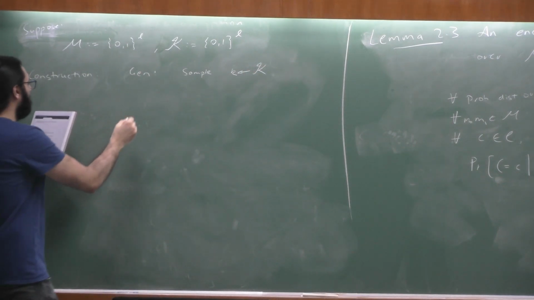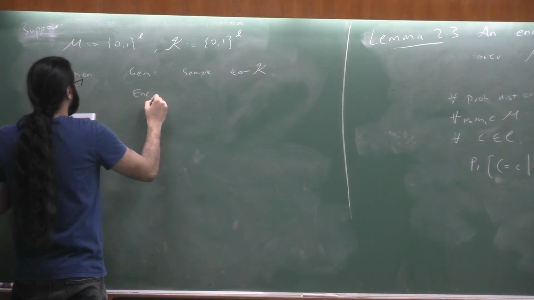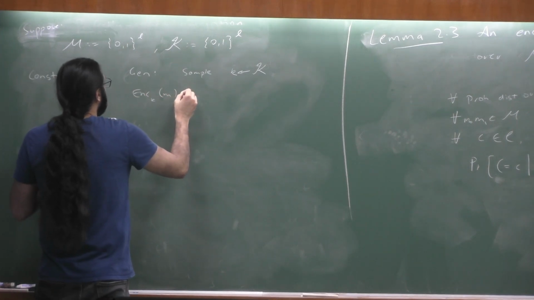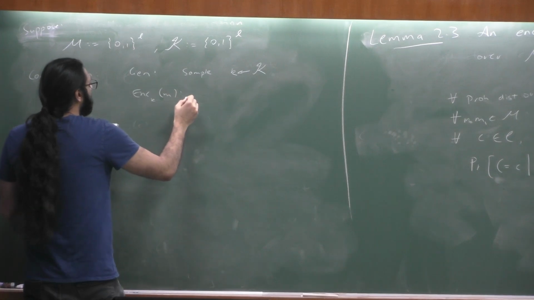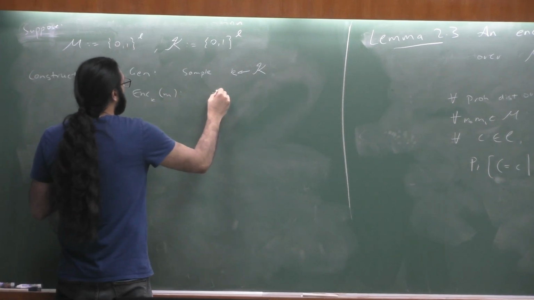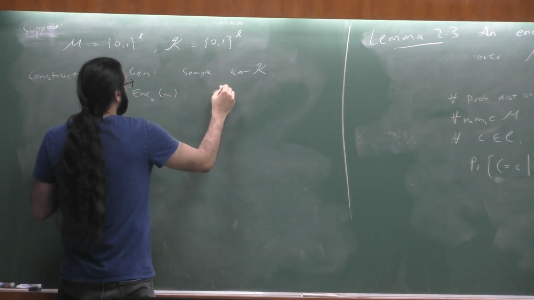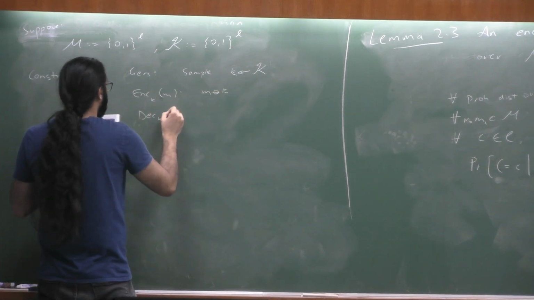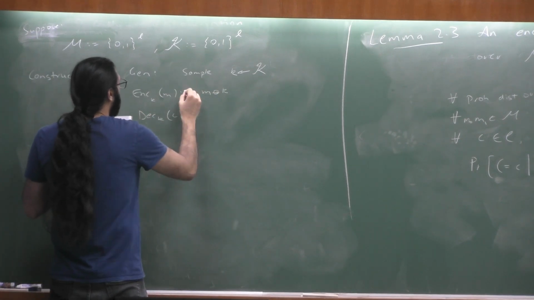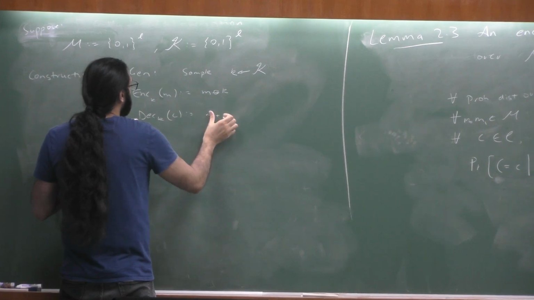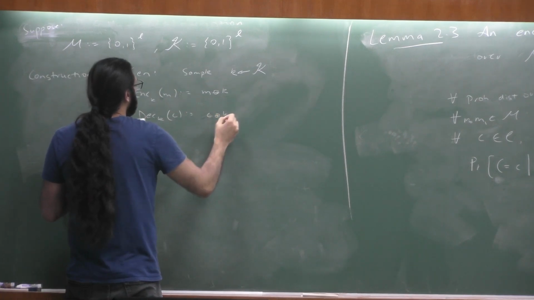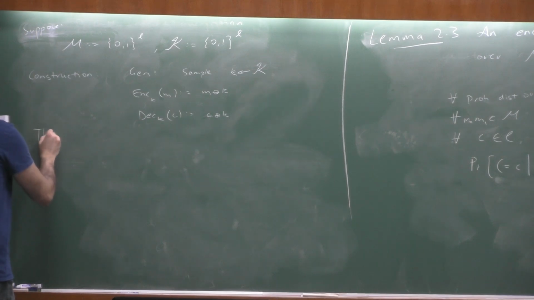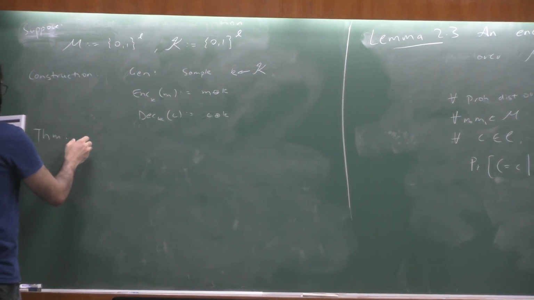Enc, given k, does what to a message M? This is going to basically just XOR, so you XOR the message M with k, and Dec is the same: C XOR k. The claim is that this satisfies the following theorem.